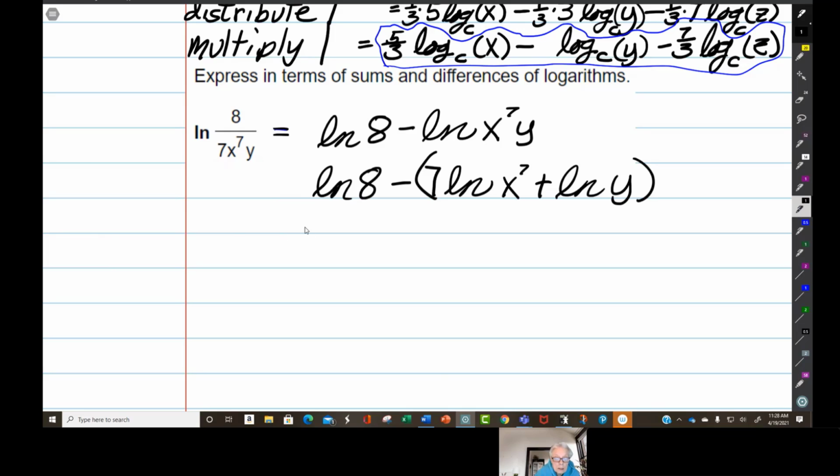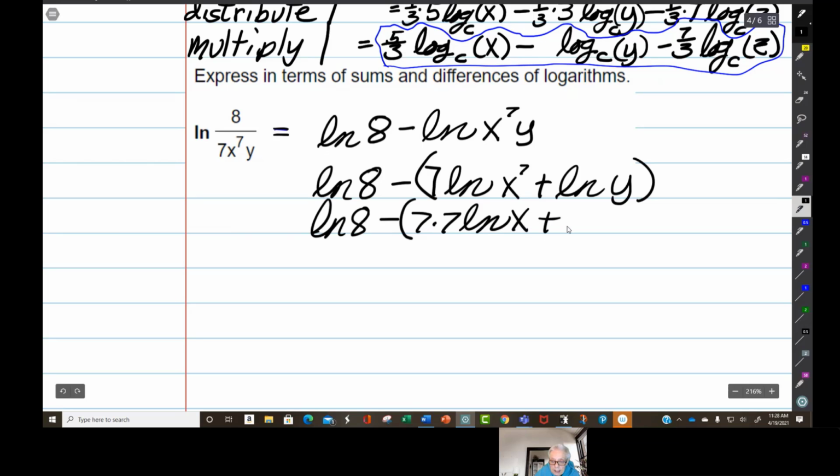All right, well, ln 8 minus, I'm going to bring the 7 down inside the parentheses. So I'll have 7 times 7 ln x plus ln y. And then I'll distribute. 7 times 7 is 49.